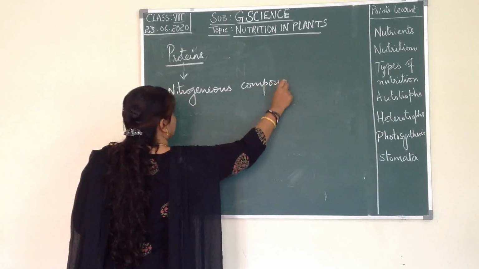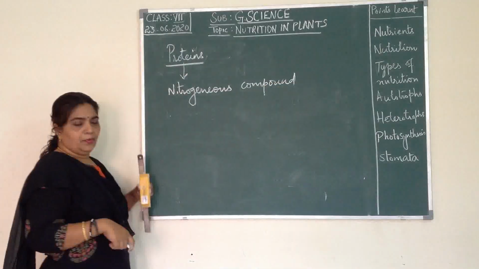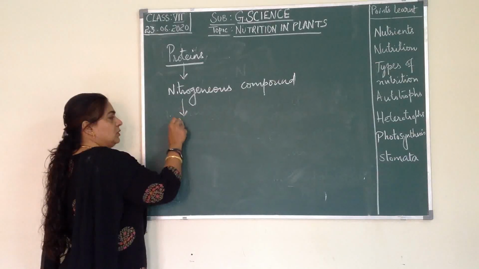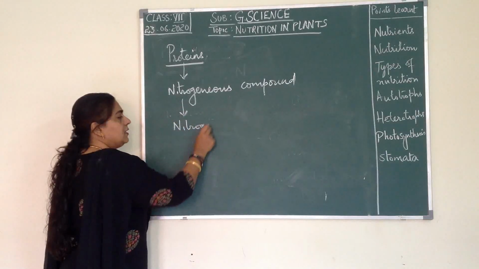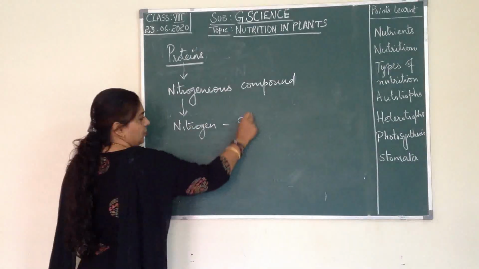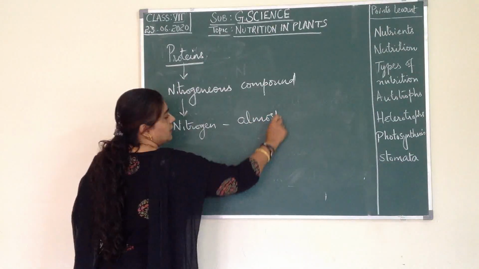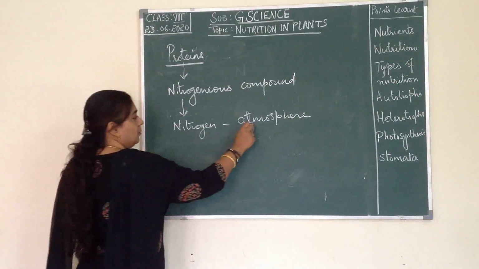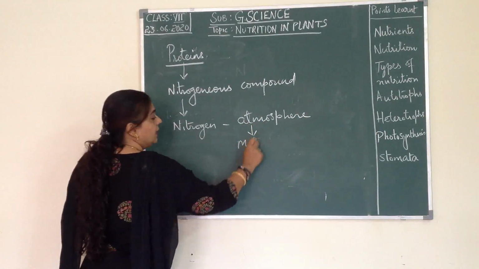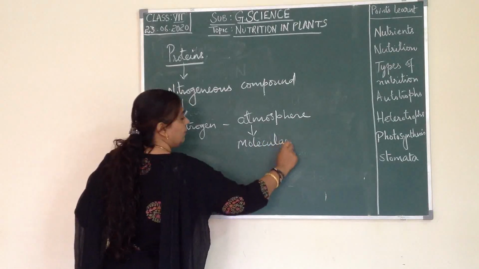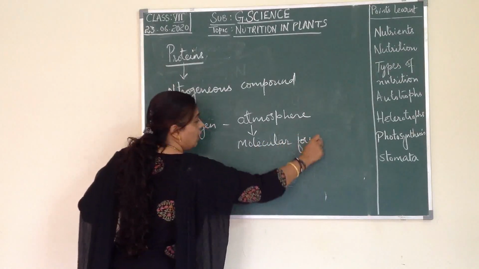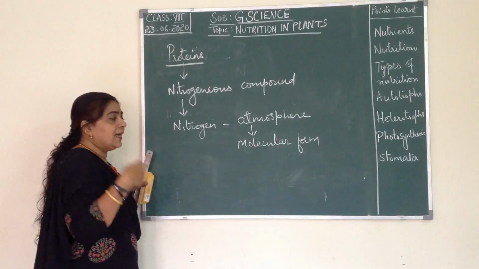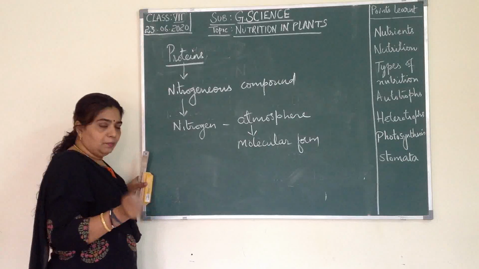So where it is present, nitrogenous compound. So here when we talk about nitrogenous compound, we talk about nitrogen. So where is nitrogen present? In the atmosphere. In what form is it present? It is present in the molecular form. This form of nitrogen cannot be utilized by the plants. So it has to be converted into compound form.